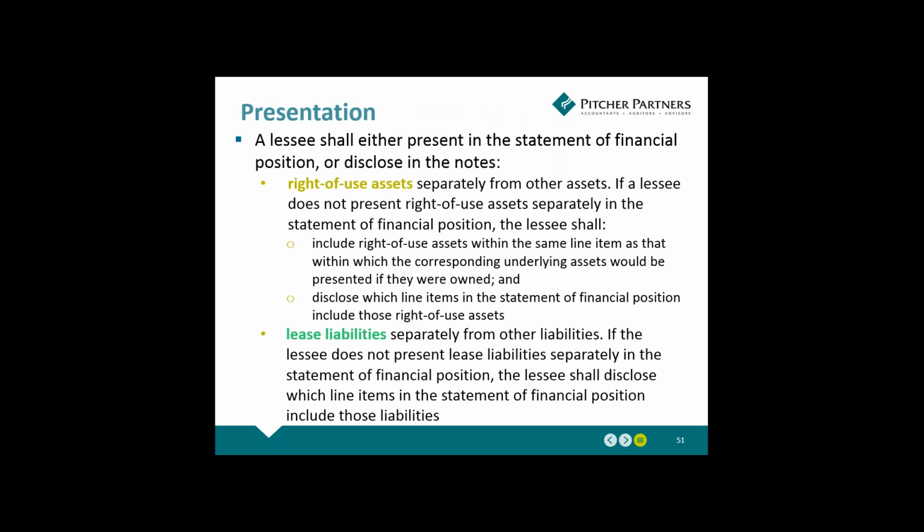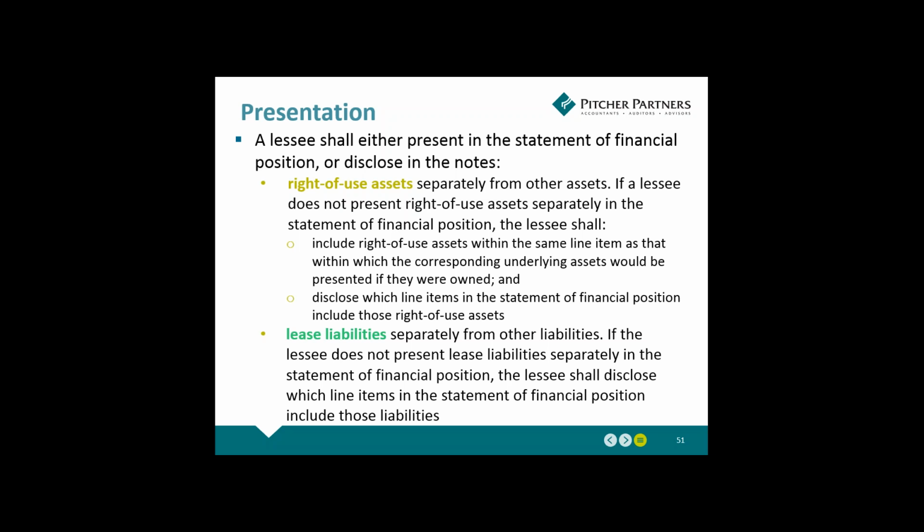Presentation. A lot of people ask, where do I go with this intangible asset, this right of use asset? So a lessee shall either present in the statement of financial position, or disclose it in the notes, so you can decide where. You disclose a right of use asset separate from other assets. If you don't present this right of use asset separately in the statement of financial position, you will include the right of use asset within the same line item as that within which the corresponding underlying asset would be presented if they were owned.